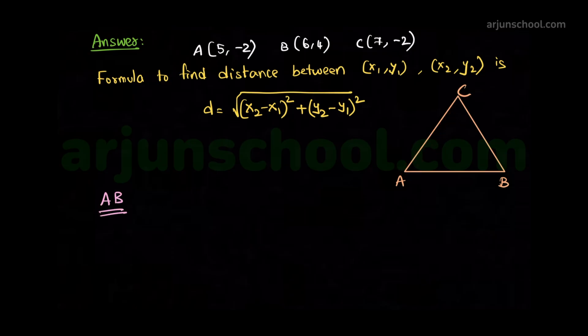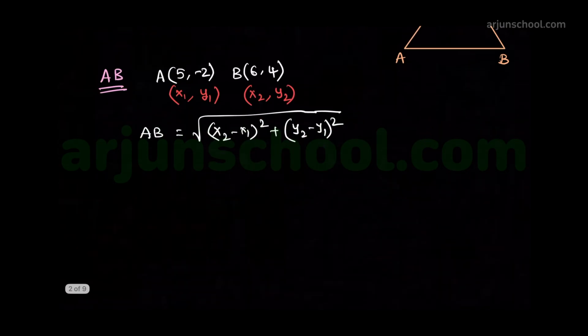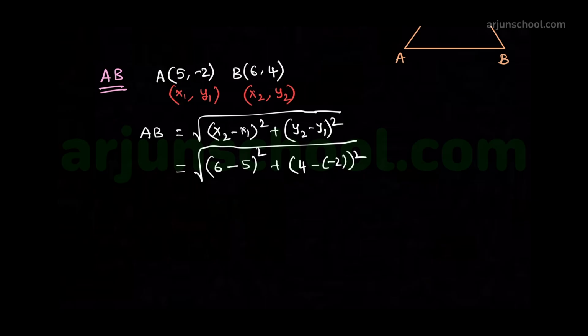Distance between vertices A and B. A(5, -2), B(6, 4). Here (x1, y1) is (5, -2) and (x2, y2) is (6, 4). The distance formula: AB is equal to root over (x2 - x1) whole square plus (y2 - y1) whole square. x2 is 6 minus x1 is 5, plus y2 is 4 minus y1 is -2, whole square under root.